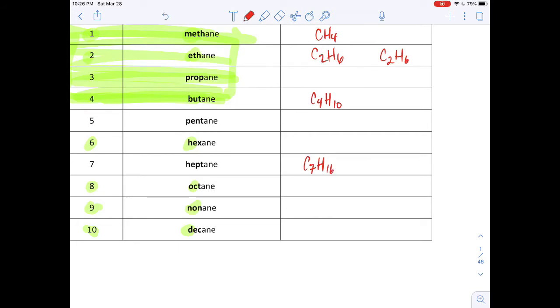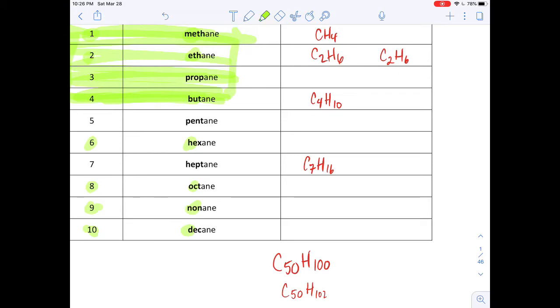The advantage to understanding that relationship is I can spot if it's a saturated aliphatic. If I had C50H100, I know it's not saturated, because if it was saturated, it'd be C50 and H100 plus 2, so 102.